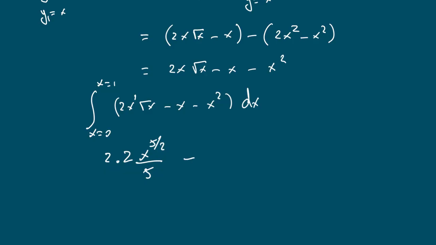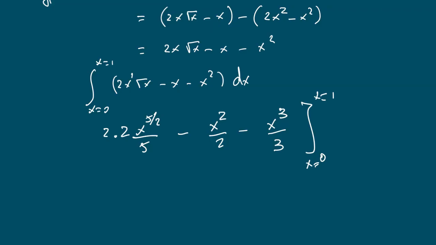Minus the integral of x, which will be x squared divided by 2, minus the integral of x squared, which will be x cubed divided by 3. And this is evaluated between x equals 0 and x equals 1. When x equals 0 gives nothing, so it will be 4/5, times 1, minus 1/2, minus 1/3.